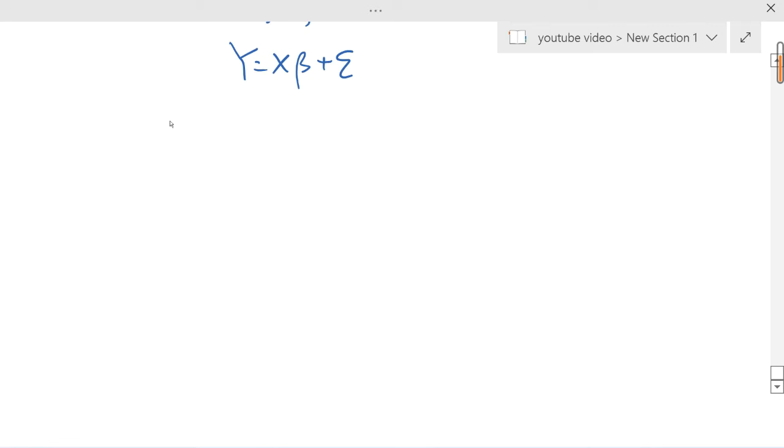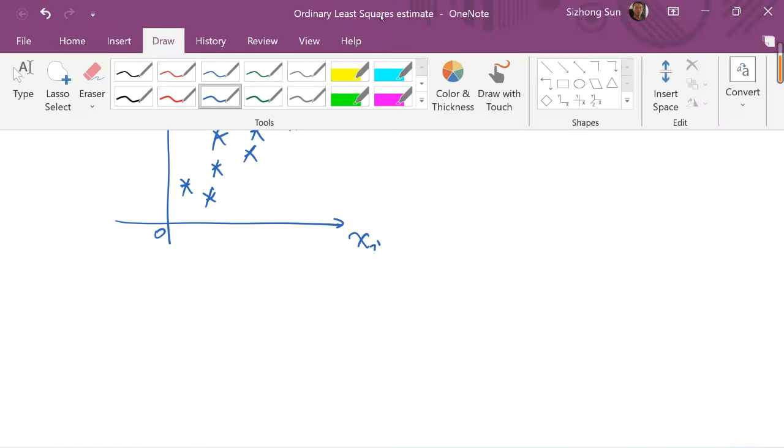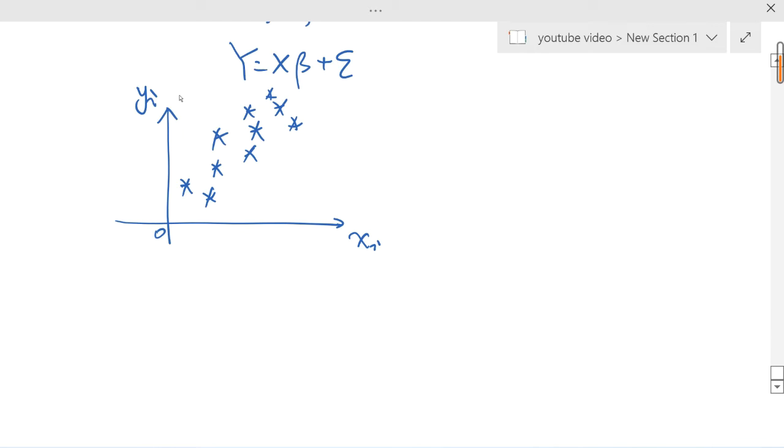Let's first visualize the data. Suppose the data we have, yi and xi, looks like this. By looking at the data, I hope you agree that we can, let's say, okay, we want to estimate beta. So let's do it this way. Let's draw a line.